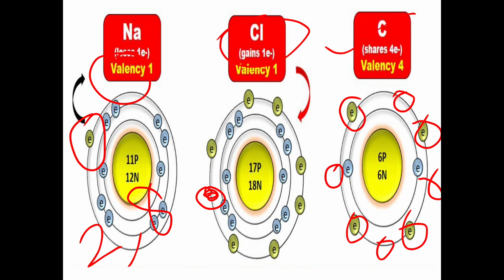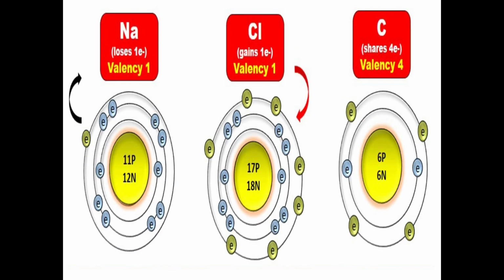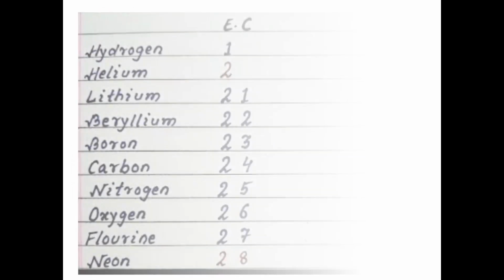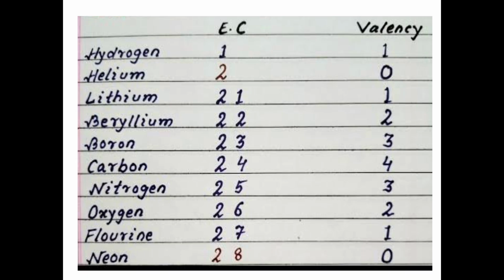That's why the valency of carbon here is 4. So that's how we are determining the valency of any element. Here you see the valency is actually calculated from the electronic configuration. Just look at the electronic configuration.